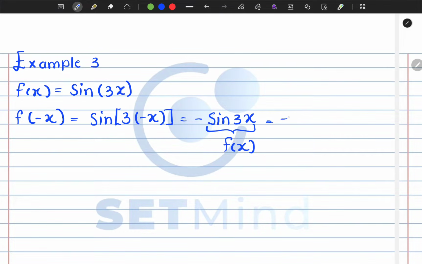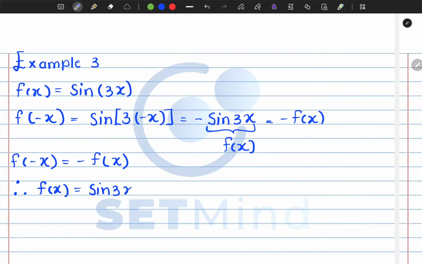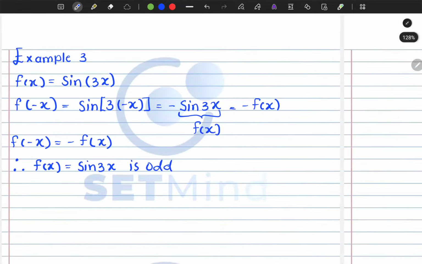So which means we ended up having negative f of x. So we now have the condition f of negative x equals negative f of x. So we can now conclude that our f of x, which is sine of 3x, is odd. So it is an odd function.